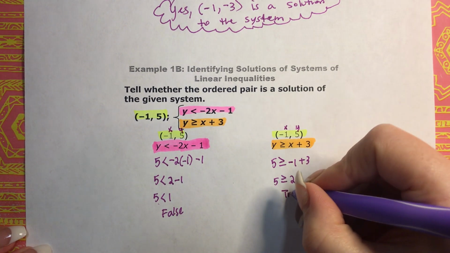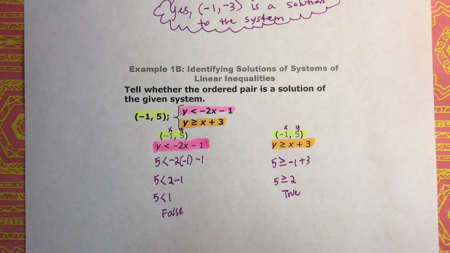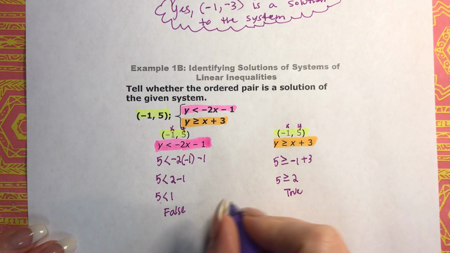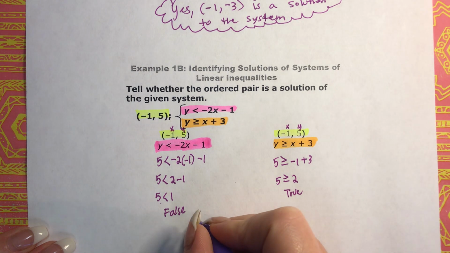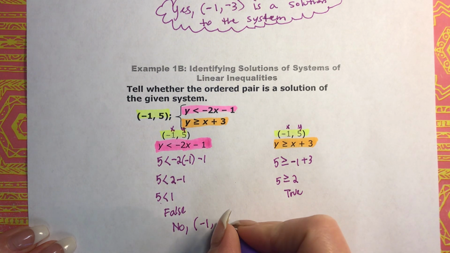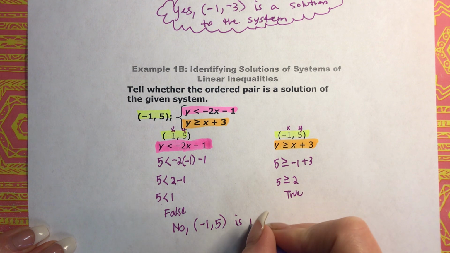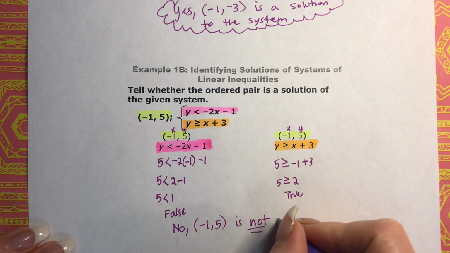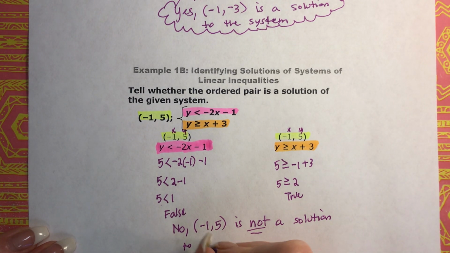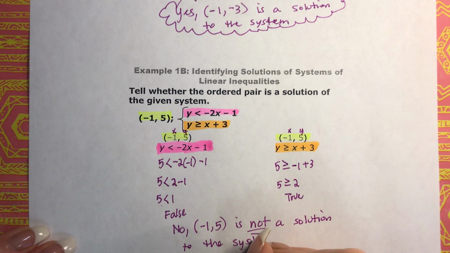That is a true statement, but still you have to answer. So tell whether the ordered pair is a solution. So no. Let's say no, negative 1, 5 is not a solution to the system.